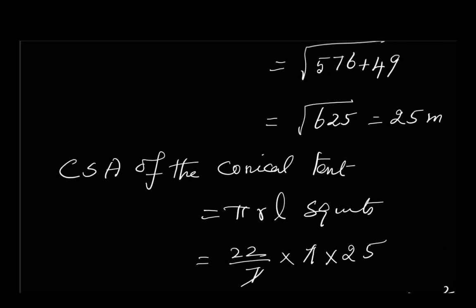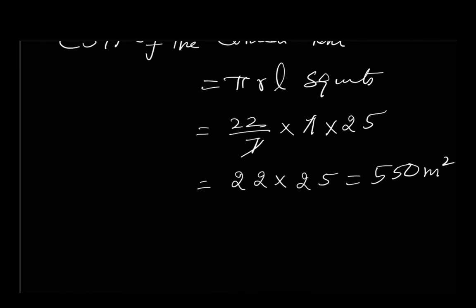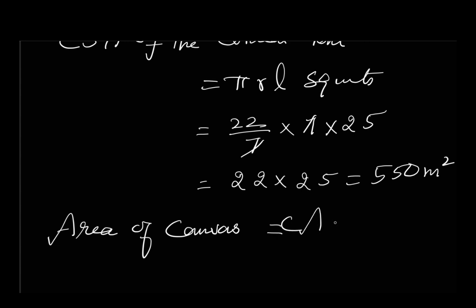This is the curved surface area of this cone. This area is the same as the area of the canvas. So the area of the canvas is equal to the curved surface area of the cone.